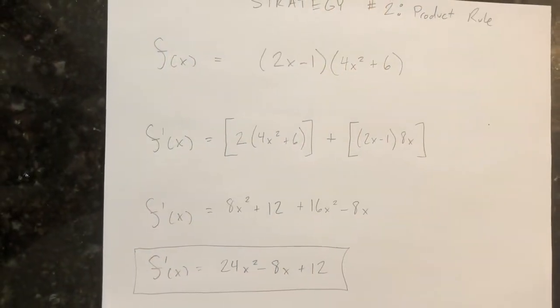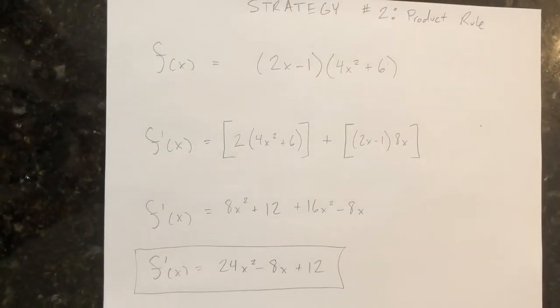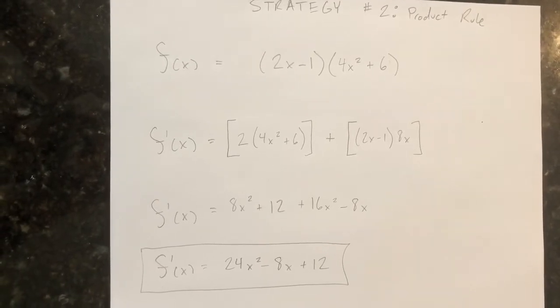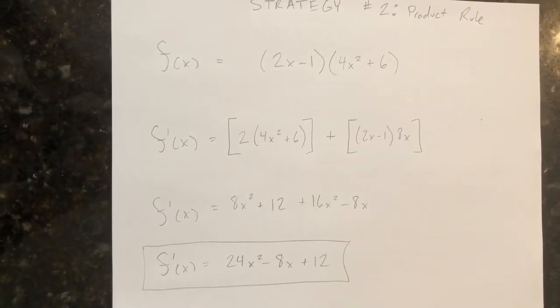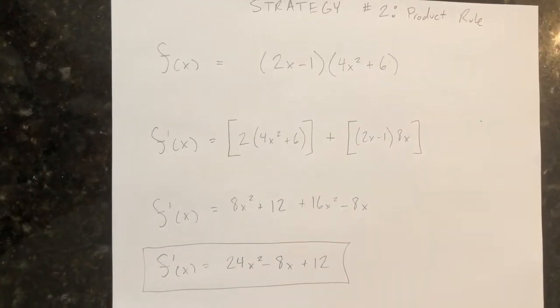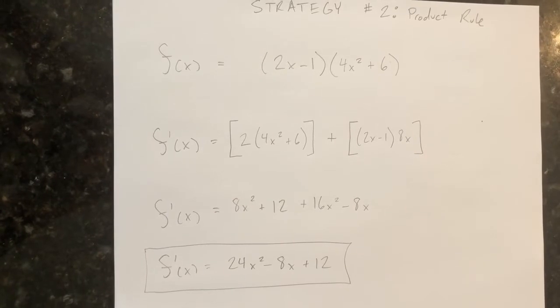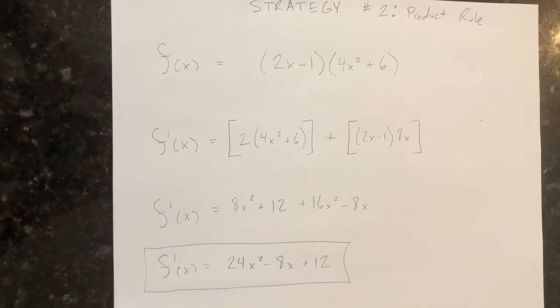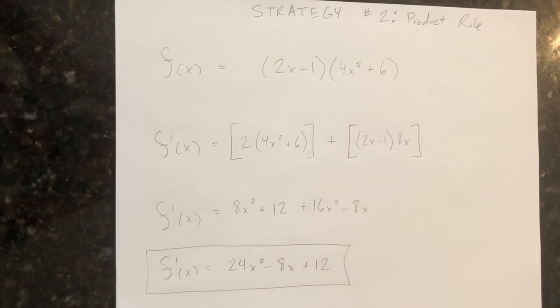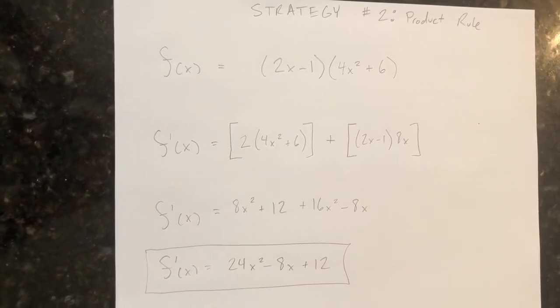For example, let's say that we have the original function of 2x minus 1 times 4x squared plus 6. To take the derivative of this, we simply take the derivative of the first term, 2x minus 1, and we get 2. We multiply this by the original b function, if you will, of 4x squared plus 6.